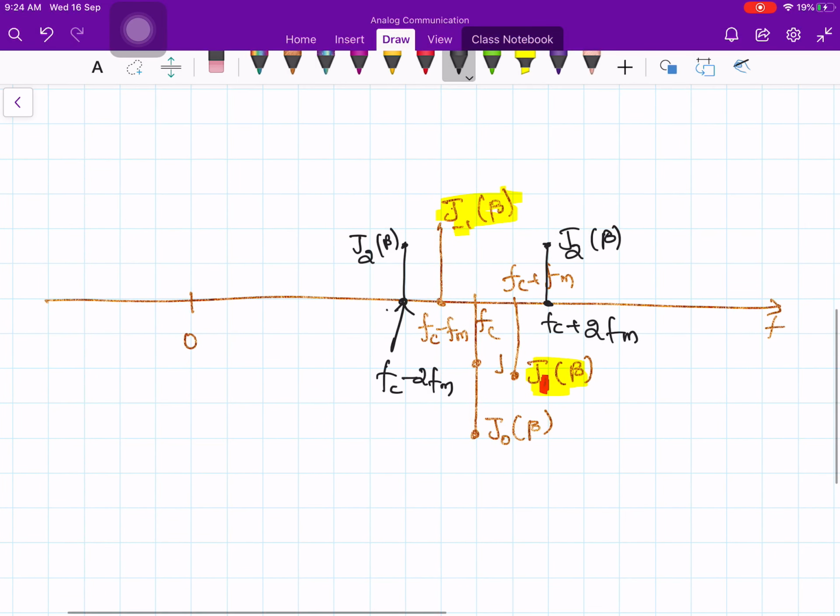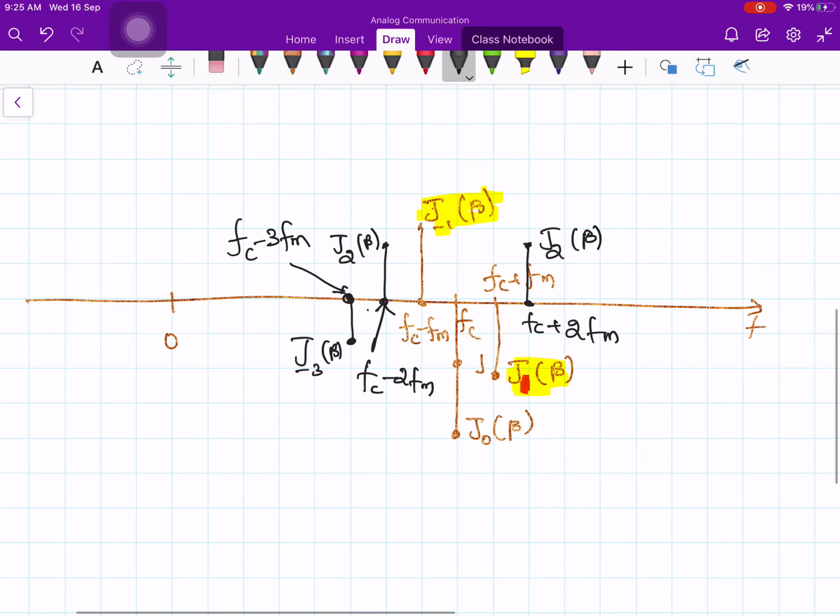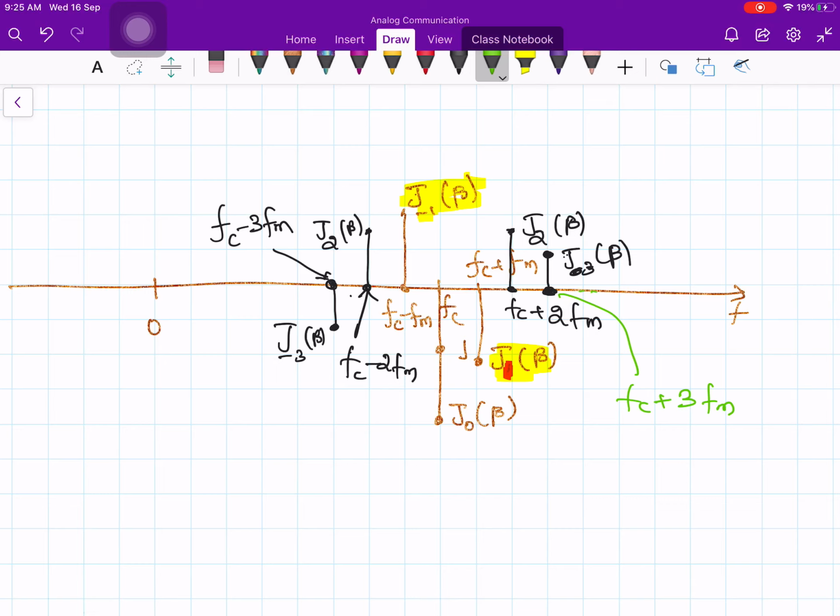Then this one is J_{-3}(β), and this point is going to be f_c − 3f_m. Similarly, on the right hand side, this will be J_3(β), and this point is going to be f_c + 3f_m, and so on and so forth. Like that, it keeps on growing up to infinity, and this side also it keeps on going up to minus infinity.